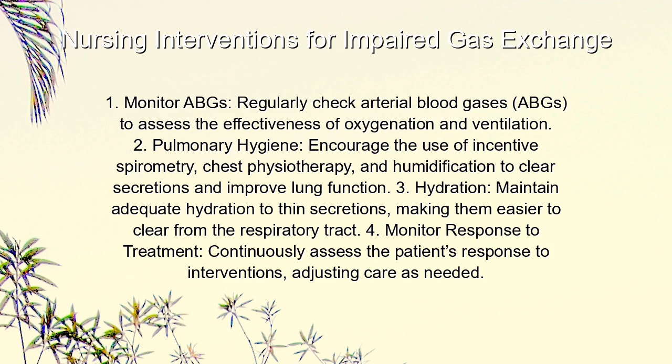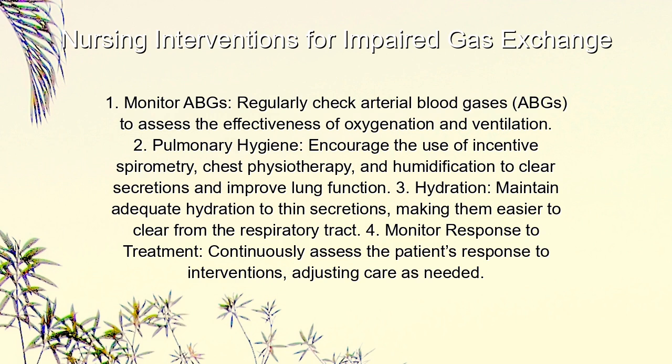Nursing interventions for impaired gas exchange. 1. Monitor ABGs. Regularly check arterial blood gases, ABGs, to assess the effectiveness of oxygenation and ventilation. 2. Pulmonary hygiene. Encourage the use of incentive spirometry, chest physiotherapy, and humidification to clear secretions and improve lung function. 3.